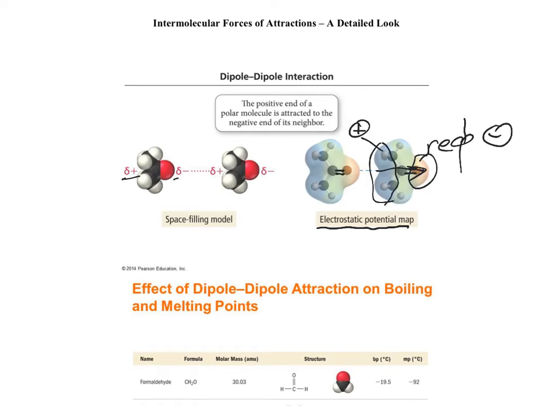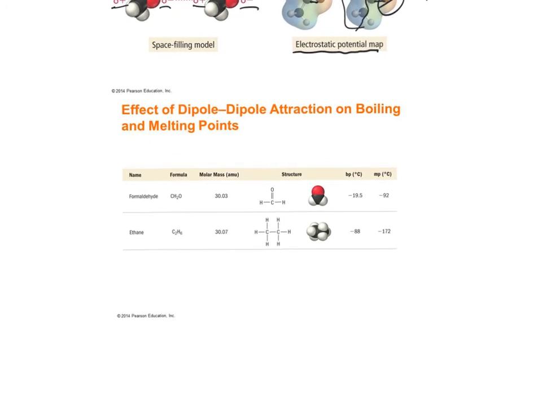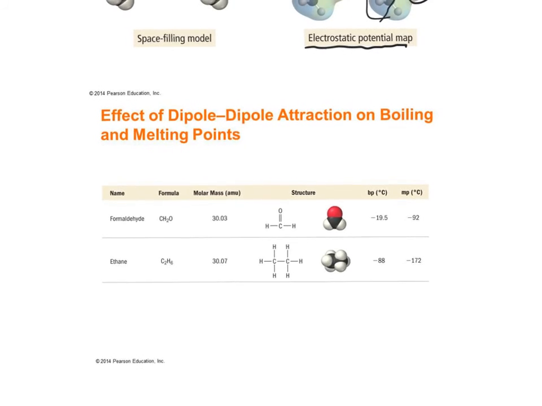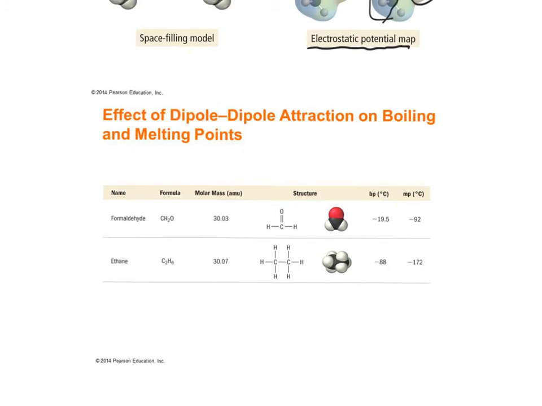And so it has partial permanent dipoles, and they align themselves so that the negatives match with the positives. It's that simple. If you have a permanent dipole, the charges are going to align so that the negatives go with the positives. This is the general concept here for these forces of attraction. Negatives go with positives, and two positives repel and two negatives repel.